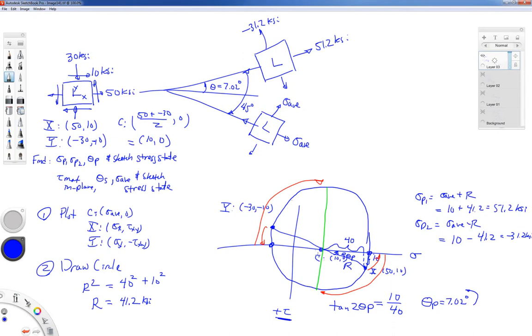Now, the sign of the shearing stress, again, pay close attention to this. I started with a positive shearing stress, and I never crossed over the horizontal axis to the negative side. I'm staying on the positive side for these transformations. So I have a positive shearing stress on this block. Positive shearing stress points in the positive y direction on the positive x face.